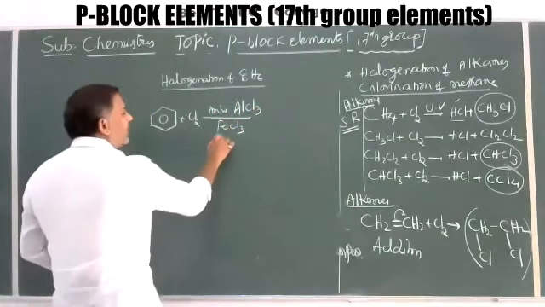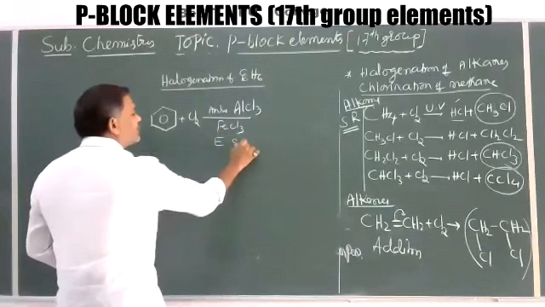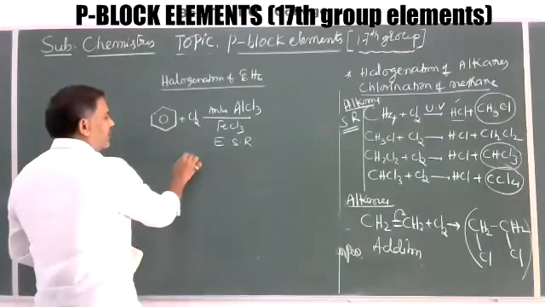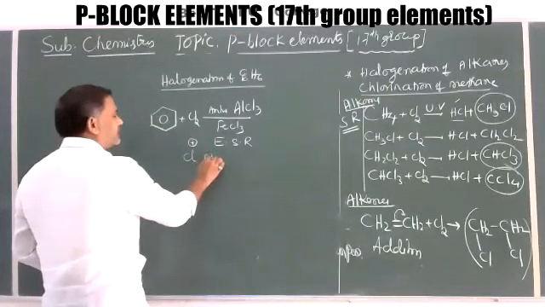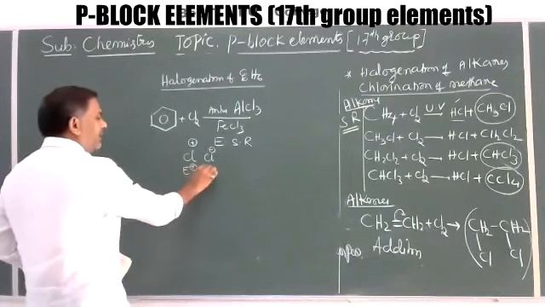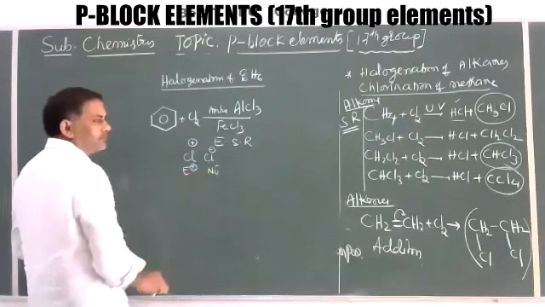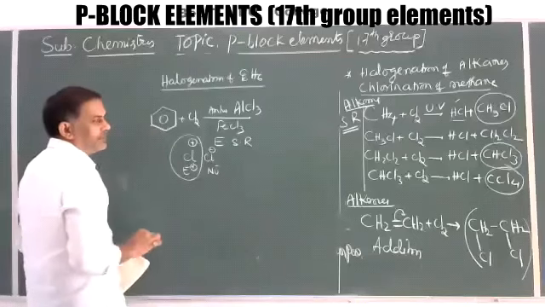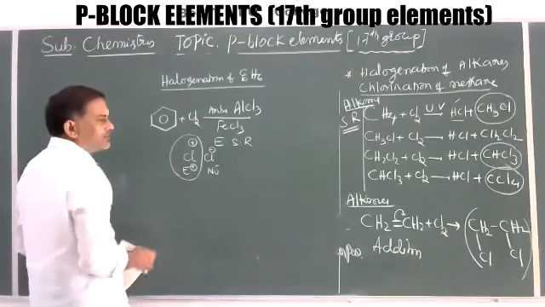It undergoes electrophilic substitution reaction, ESR. Chlorine undergoes dissociation and gives Cl+ and Cl-. Cl+ is the electrophile and Cl- is the nucleophile. This electrophilic substitution reaction takes place under these conditions.